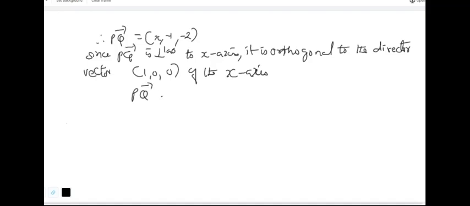So PQ vector dot (1, 0, 0) is equal to 0.